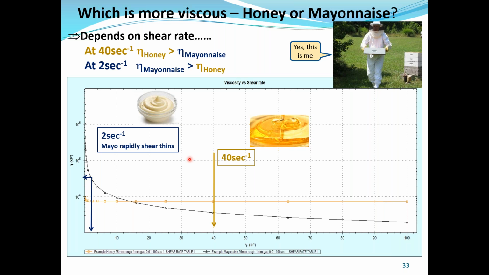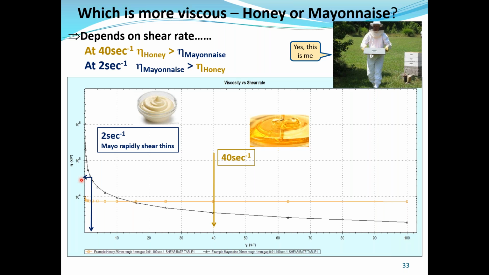But we need to be careful here because the measurement of viscosity depends on the shear rate. Mayonnaise will shear thin. So if we measure viscosity at a low shear rate, around 2 reciprocal seconds, which is not really all that low, I often go down to the low milli reciprocal seconds, we can see that it has a much higher viscosity than honey.